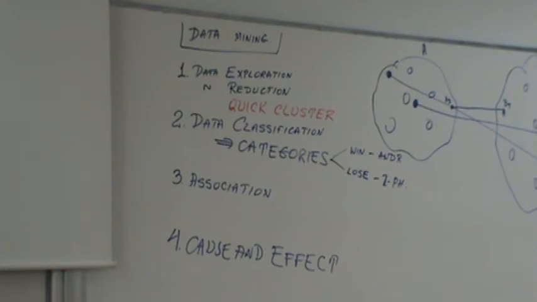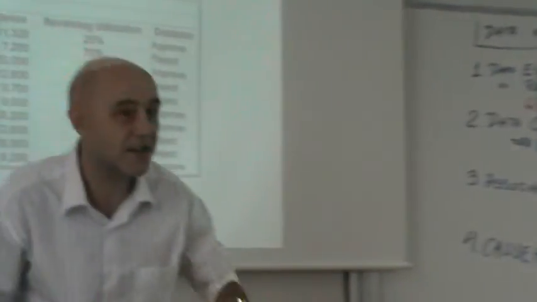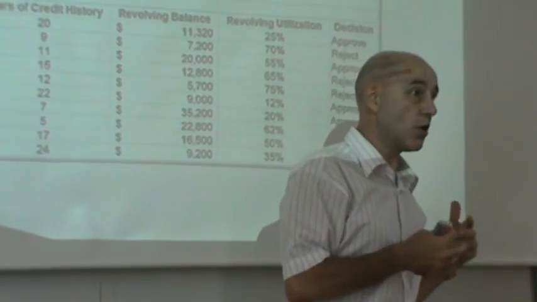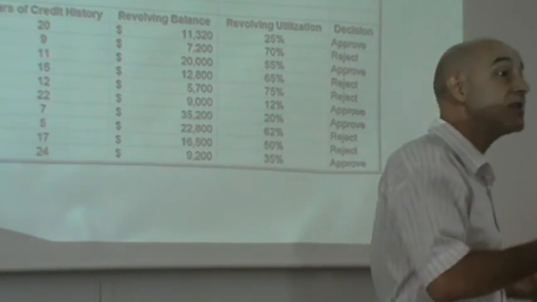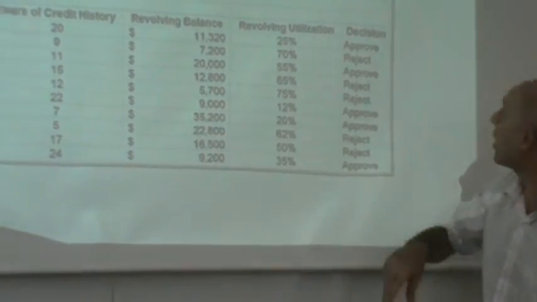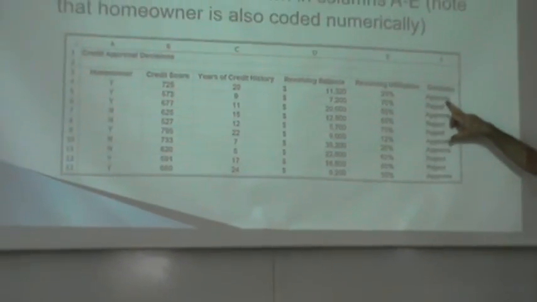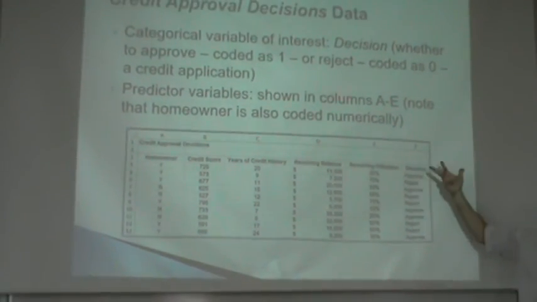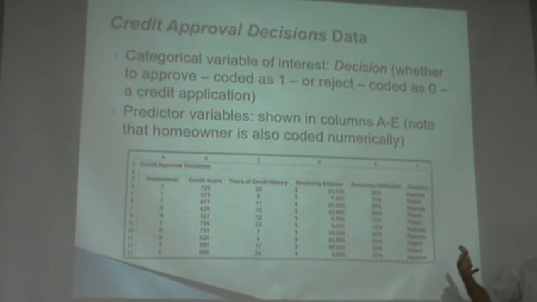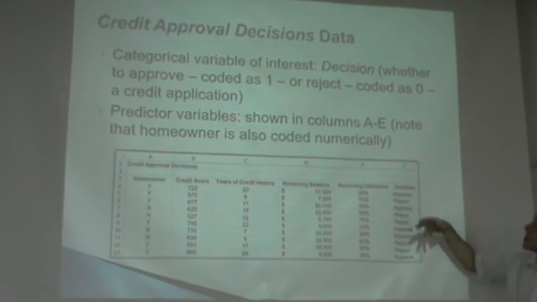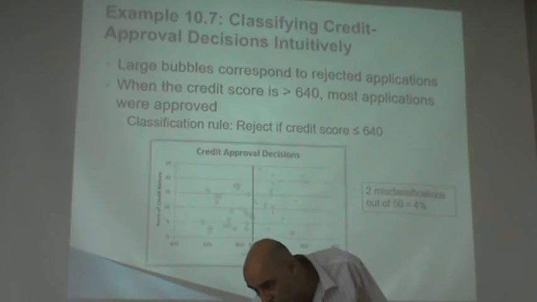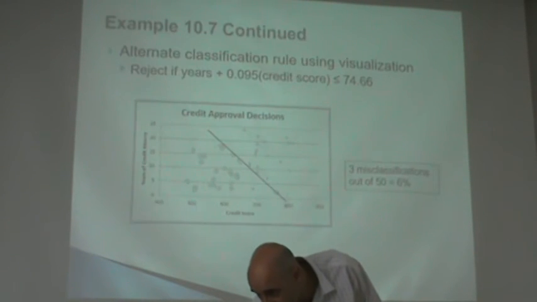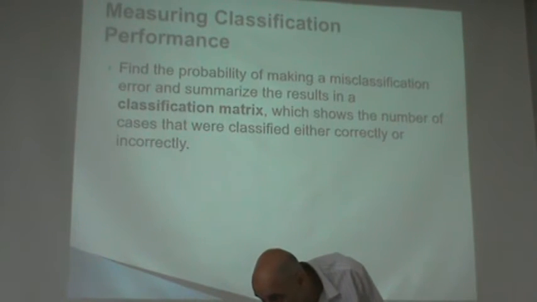So, decision, maybe for credits: borrow or doesn't borrow, or have a house, doesn't have a house. Or decision: approve credit, reject credit. Again, you can have lots of different variables, so you try to figure out what the relationship is, and you try to classify in different ways.